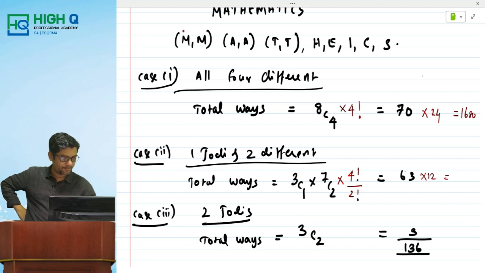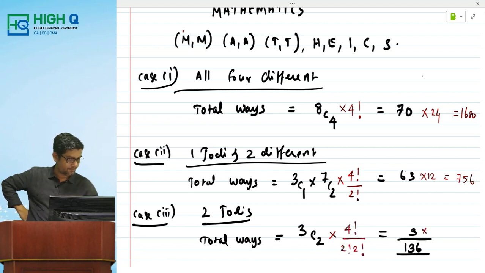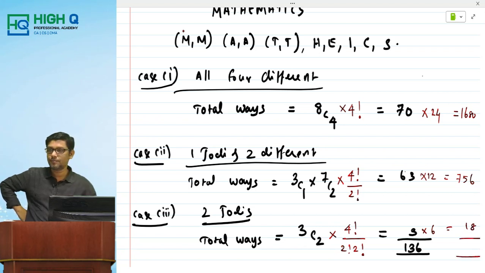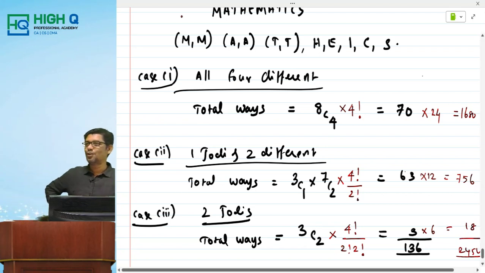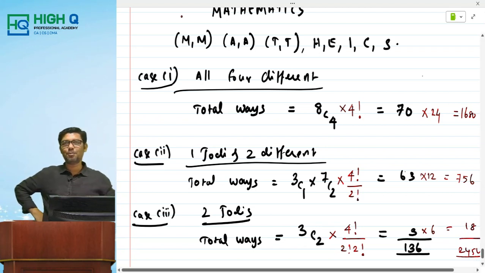Tell me what is it? 24 divided by 4. What is it? 6. 18. Add everything. Answer over.